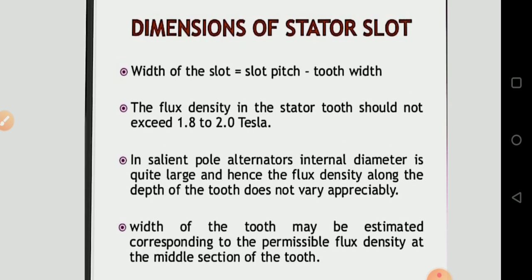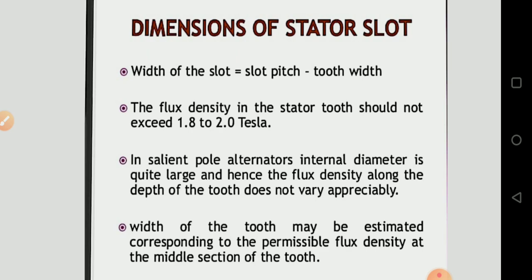Now the dimension of the stator slot. The width of the slot is equal to slot pitch minus tooth pitch, and the flux density in the stator tooth should not exceed 1.8 to 2.0 Tesla.